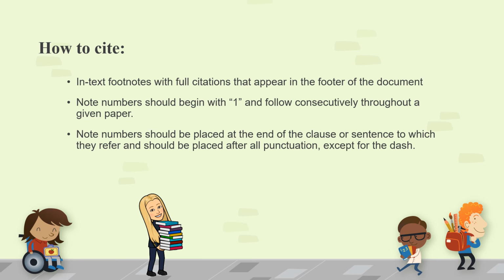Note numbers should be placed at the end of the sentence to which you are referring, and should be placed after all punctuation. So we want to make sure that we're placing our footnotes in the correct order in terms of punctuation. We want to remember we cite whenever we're not using common knowledge, and we're going to use footnotes. And certainly Google Docs, or getting something that does that for you, is the best way to go.